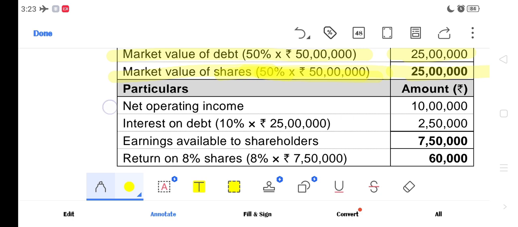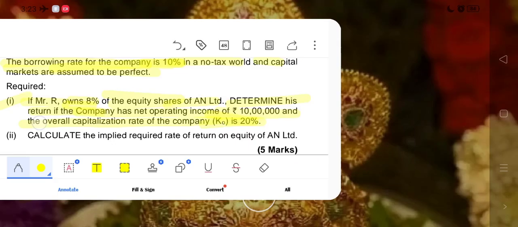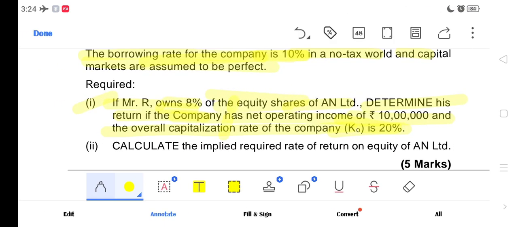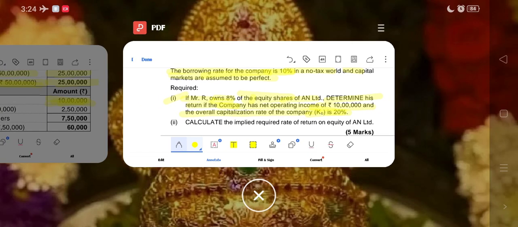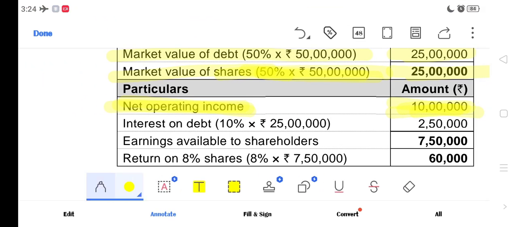Now in particulars they have given net operating income as 10 lakh. They have given the borrowing rate as 10%, which is 10% interest on the debt you have taken, right? From EBIT, there is no tax, obviously. This net operating income is nothing but earnings before interest.